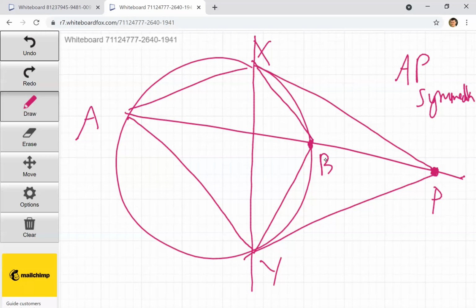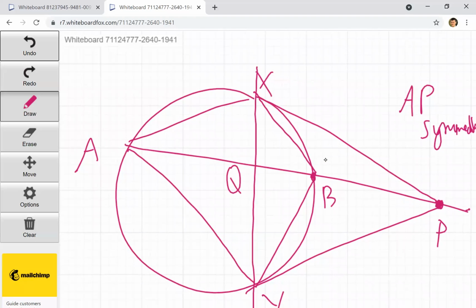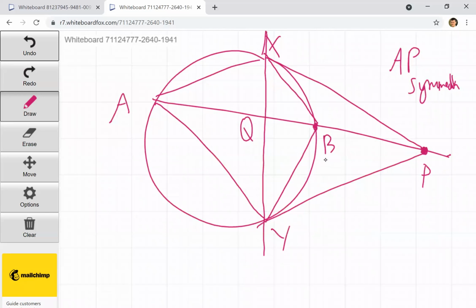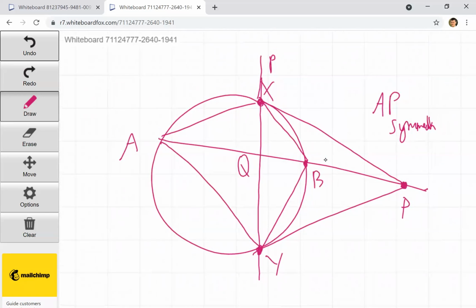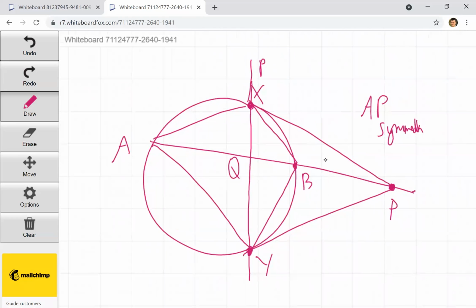so Q is there, right? So another way is this line is the polar of P, yeah? So this is a stronger statement. You see what I'm saying?